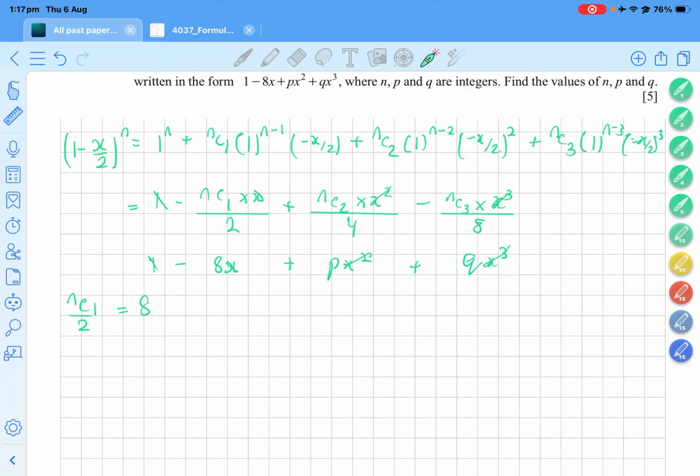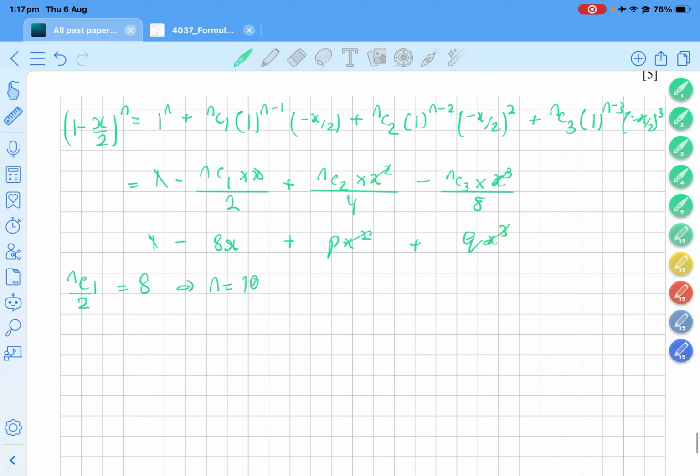Okay, then what do we have? So nC1, so n would be equal to 8 times 2, so n equals 16. Now that n equals 16, I can say that 16C2 into 1 by 4 is equal to p, and 16 times 15 by 2, or let me just write 16C2.